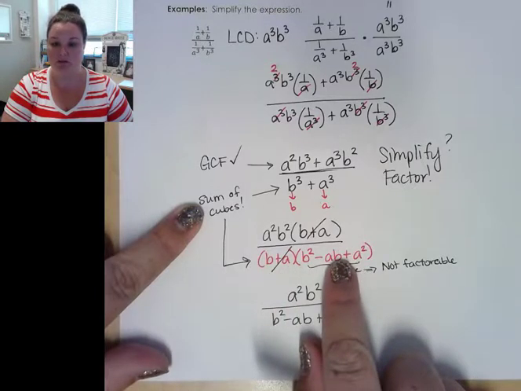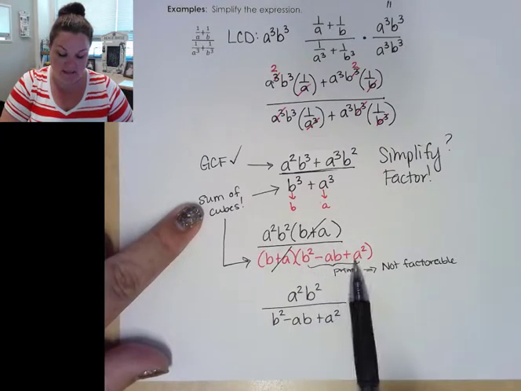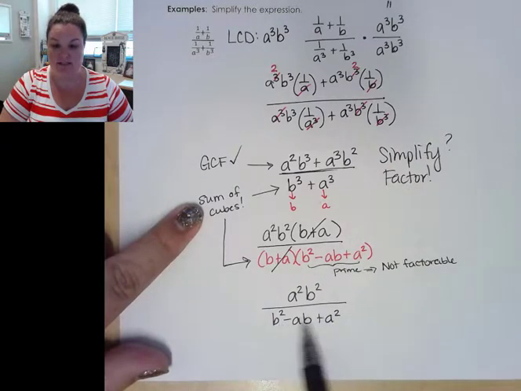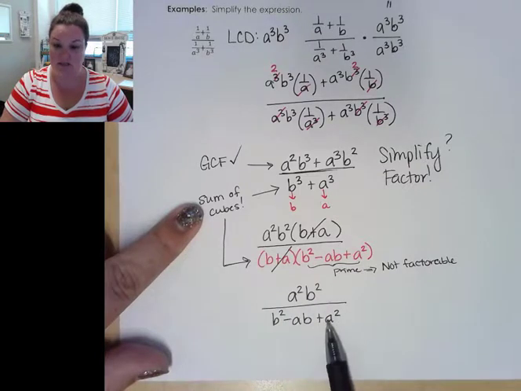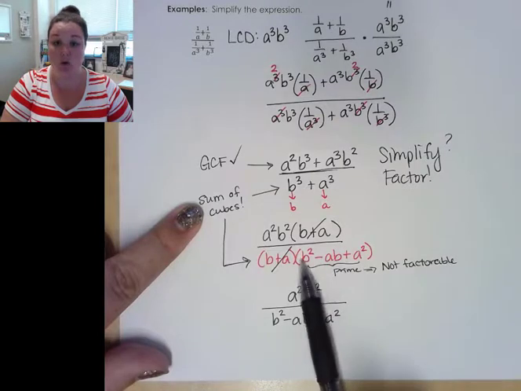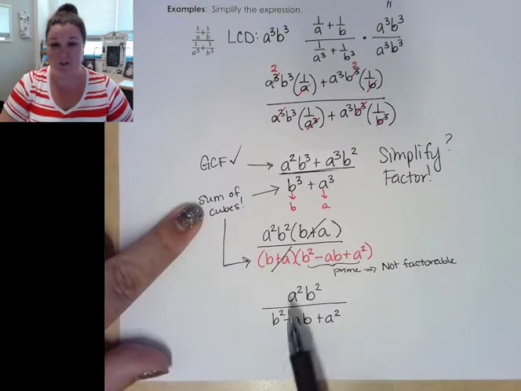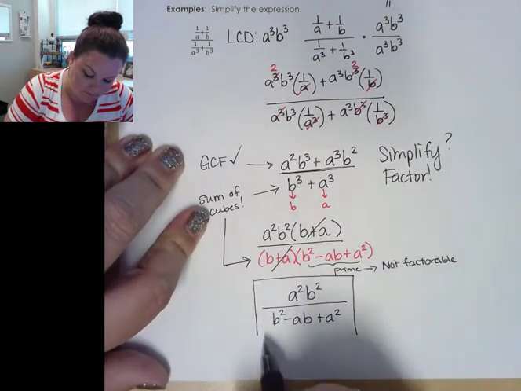This term is no longer factorable, right? And because all these little pieces are stuck like glue with these plus and minus signs, I can't cancel the b squares or the a squares because this is all one unit. So if I can't cancel that whole unit, I can't cancel pieces of it. So this is my final answer.